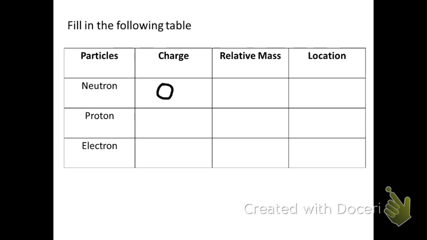It's neutral. So it's 0 charge because it is electrically neutral. Whereas a proton is positively charged. An electron is negatively charged.